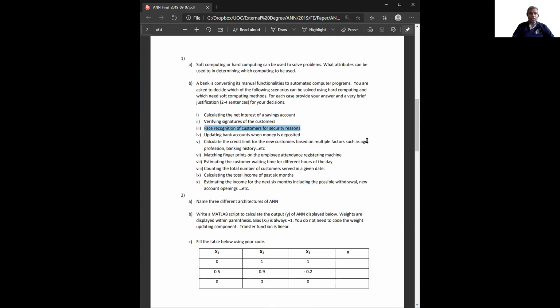If you're saying soft computing, you have to tell why you think soft computing is better. What's the reason you have chosen soft computing for face recognition?